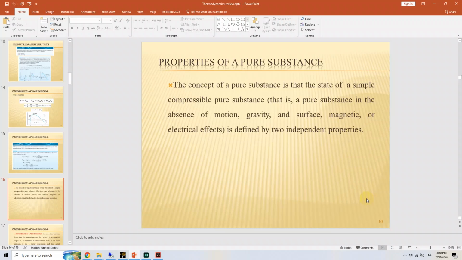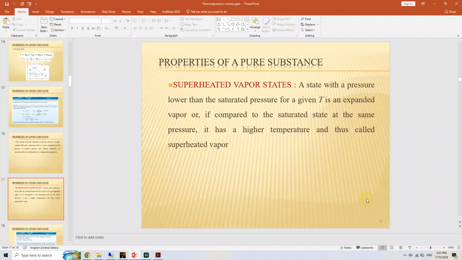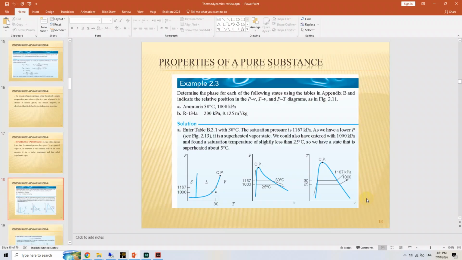So in the absence of these, the state of a pure substance is completely determined by two independent properties. We talked about the superheat temperature.